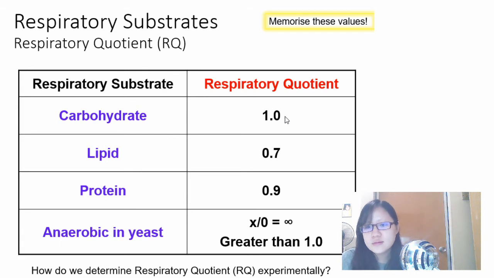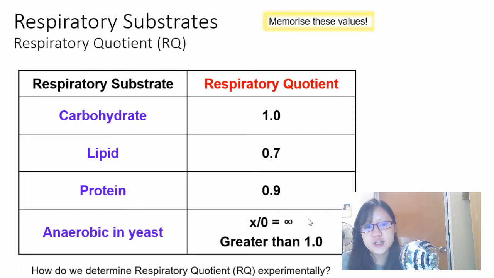Carbohydrate would be 1, like glucose, 6/6. Lipid would be around 0.7. Protein is a little bit higher than that. We don't need to know why, we just need to know that it is a little bit higher. And anaerobic respiration in yeast would be greater than 1 or approaching infinity, so a very huge value.